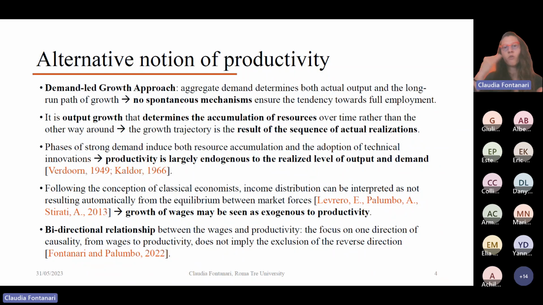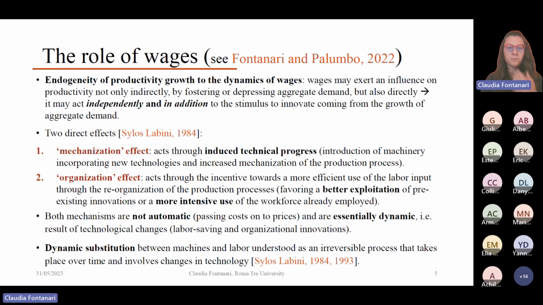So the growth of productivity opens up space for the possible growth of wages, but wages may also exert an influence on productivity. And in my work, I focus on this second direction of causation, and especially on the direct effect of wages.